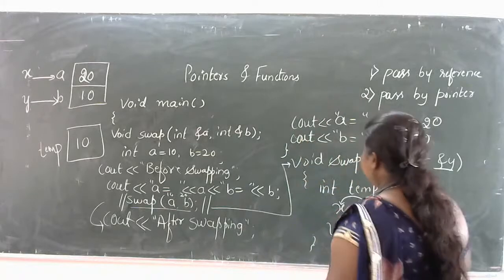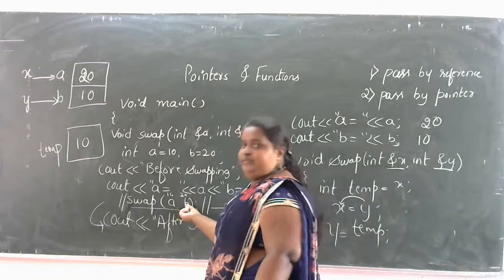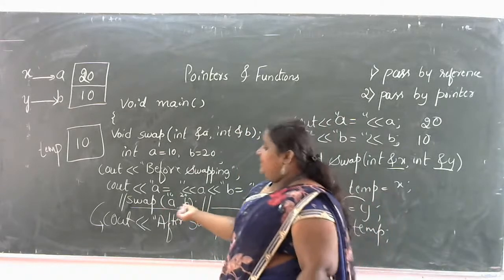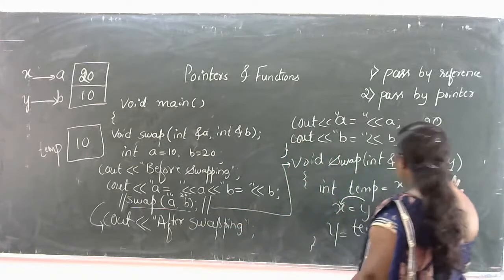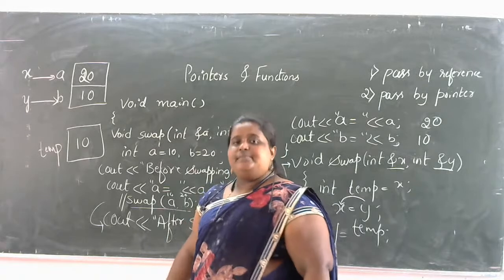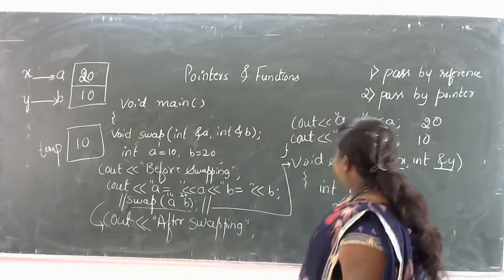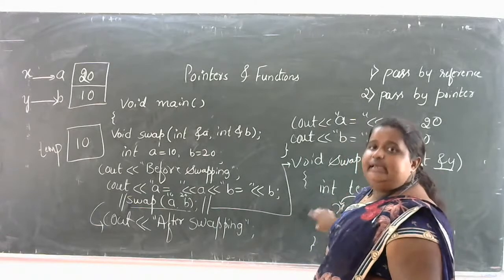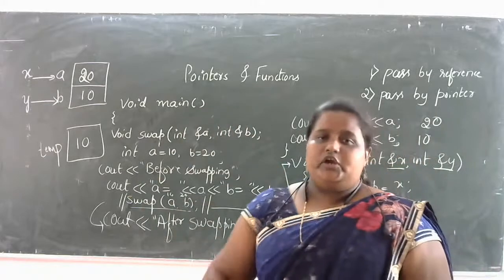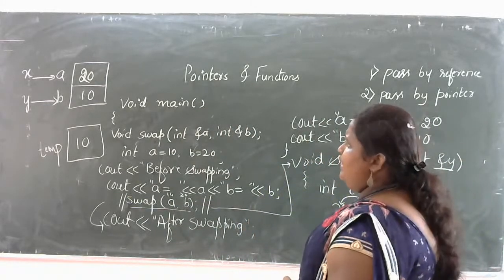Understood? Both the actual arguments A and B and the formal arguments X and Y are pointing to the same memory allocation. Since they point to the same memory, if you make any changes in the formal arguments, it will directly affect your actual arguments, actual variables.